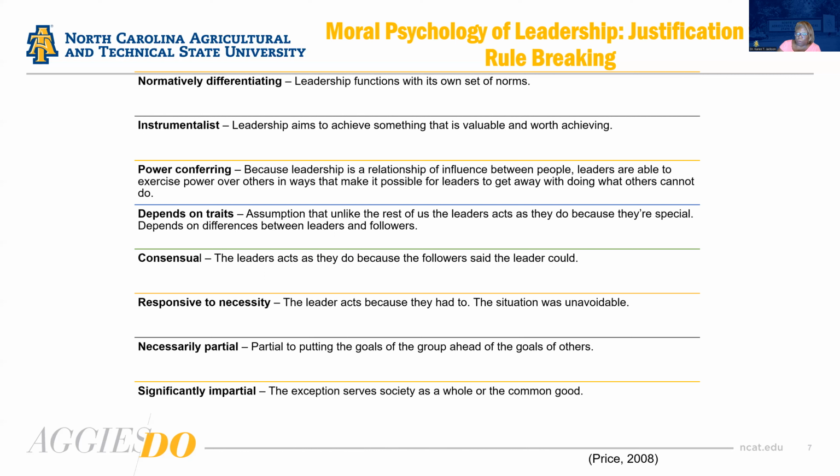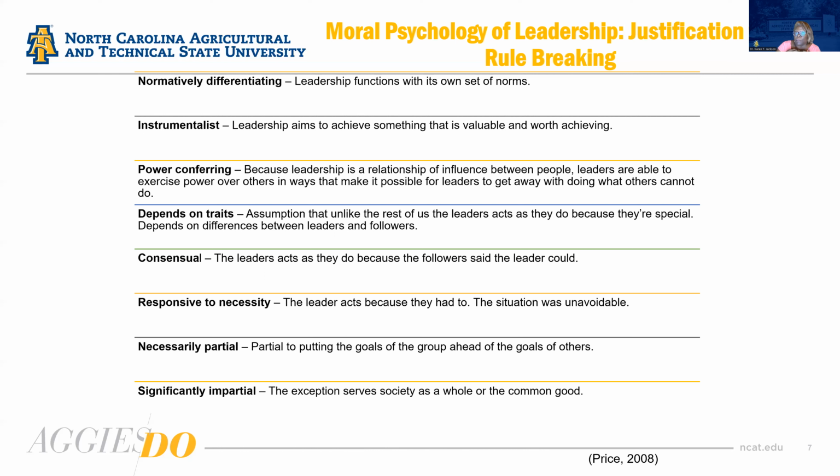So while we hope that the individual is taking into consideration those that they are leading, we know that they're very heavily motivated to think about how people are viewing them. And so these are things that you have to take into consideration when we're thinking about the moral psychology of leadership.